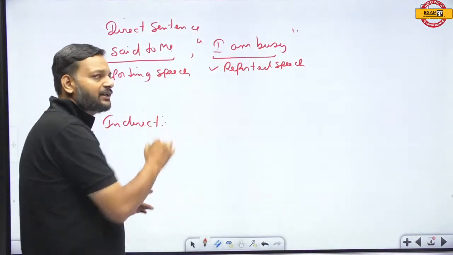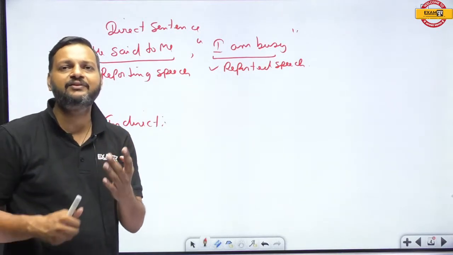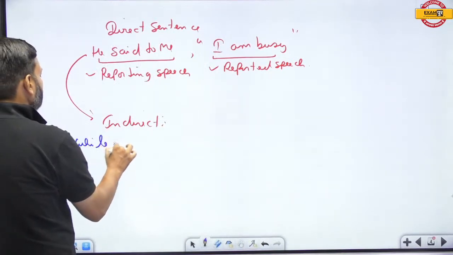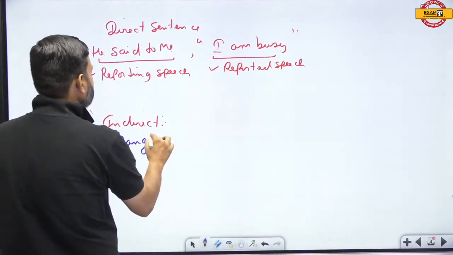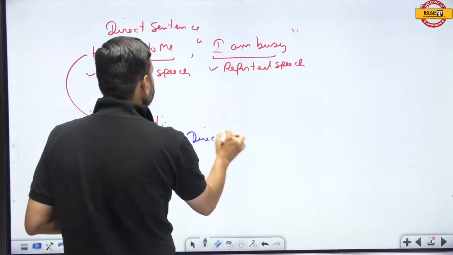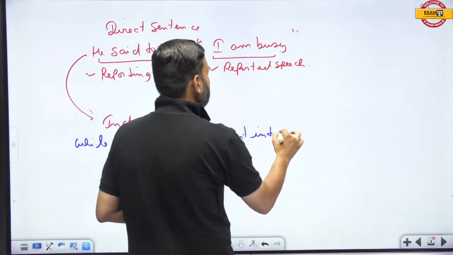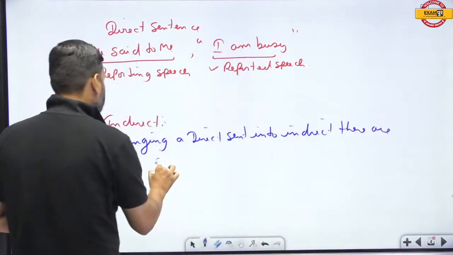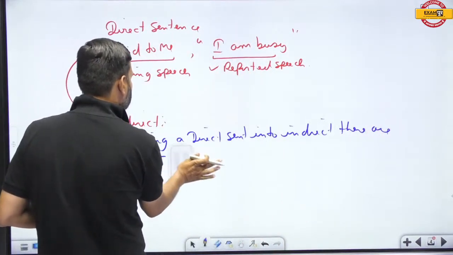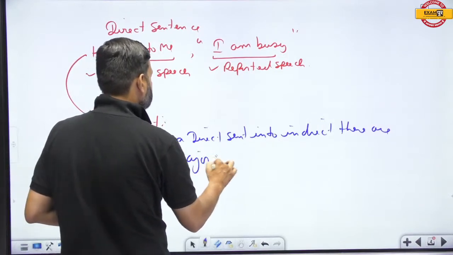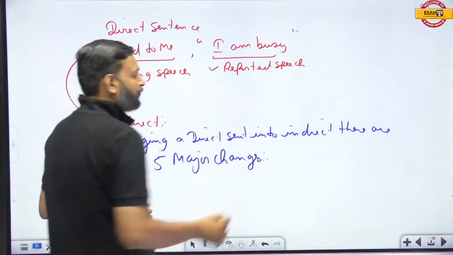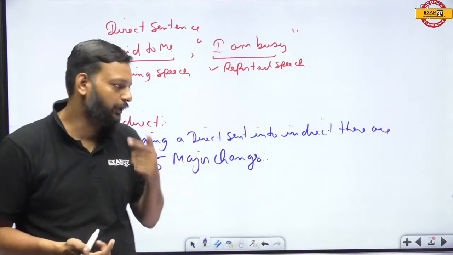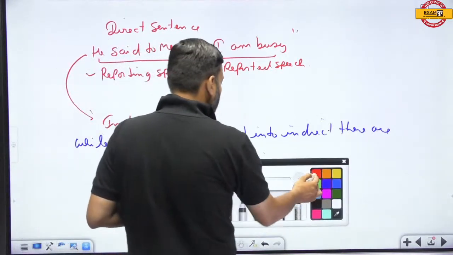When we change a direct sentence into indirect, there are 5 major changes that we do.